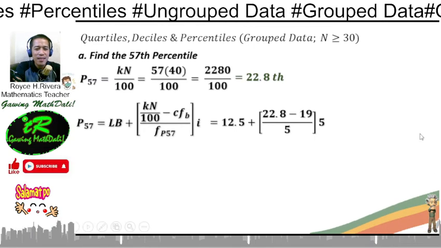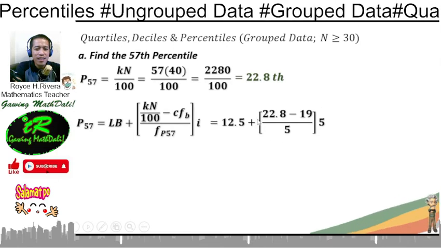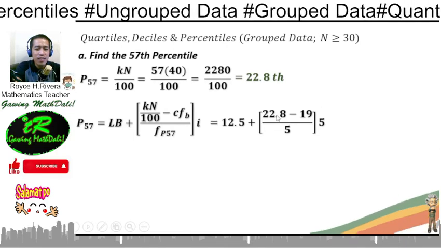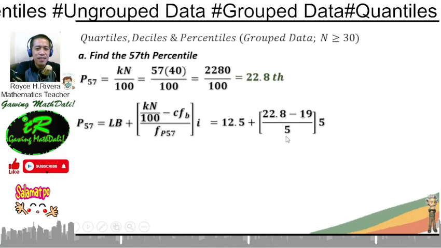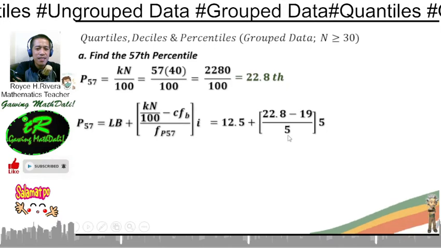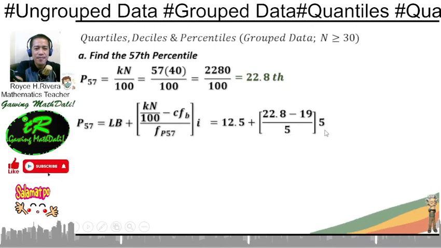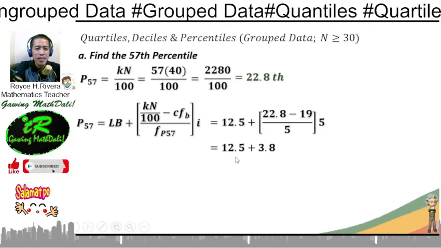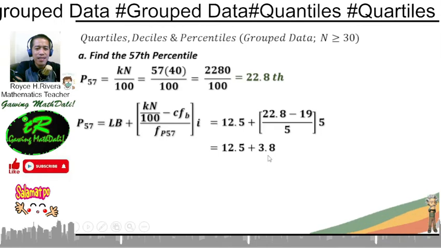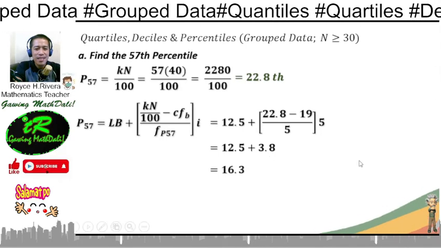Let us evaluate these quantities. 22.8 minus 19 divided by 5. And the result will be multiplied by 5. We will get 12.5 plus 3.8. And the sum is 16.3.